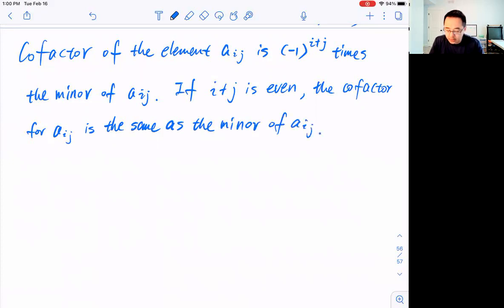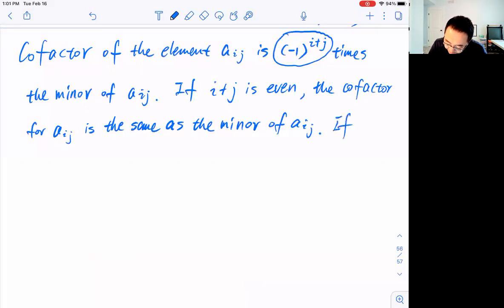Because if i plus j is even, then -1 raised to an even power will be +1. So +1 times something is itself. So if the position of your element, the row number plus the column number, adds up to an even number, your cofactor is your minor.